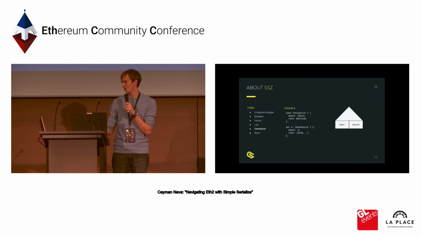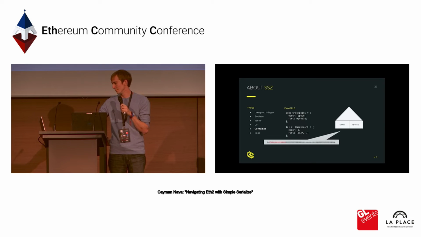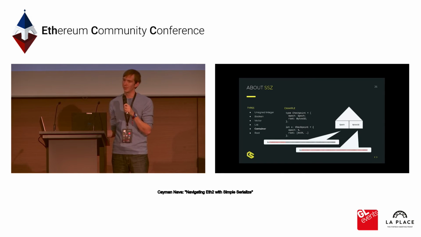Each one would be a leaf. The first one, since it's a uint64, we're only going to be using a fourth of this leaf here. The rest is padded, and then the bytes 32 is using the entire chunk or the entire leaf.